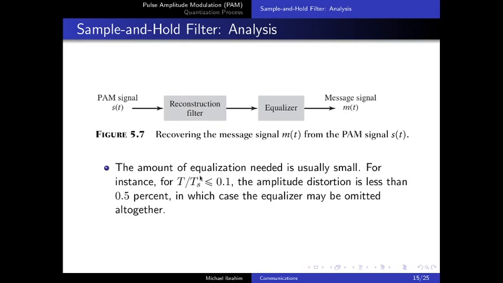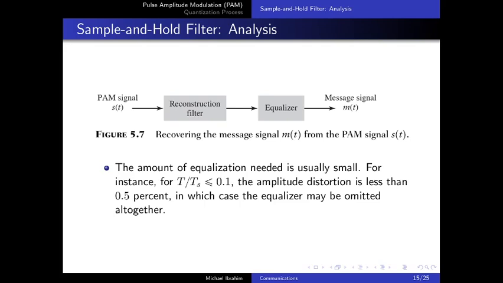Usually the amount of equalization needed is small. If T over Ts is less than 0.1, the distortion is less than 0.5%, in which case we usually will not need an equalizer and we'll forget about it. That's why we have said that there is a restriction on the value of T. If T is getting larger and larger, this means that the zero crossing of the sinc function will be closer to the origin and the distortion would be larger.